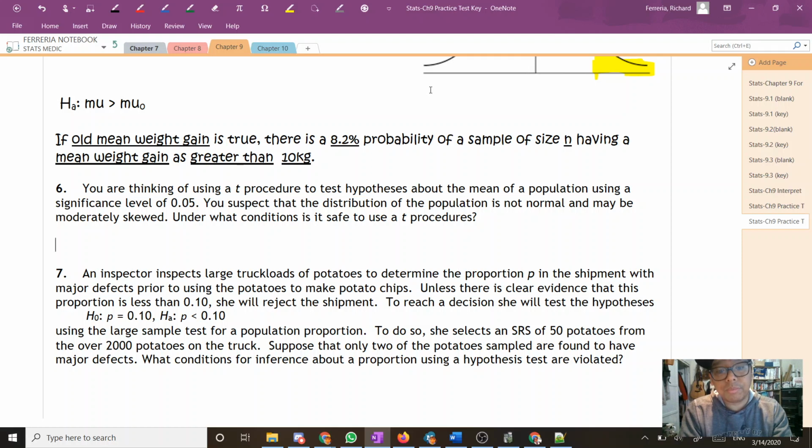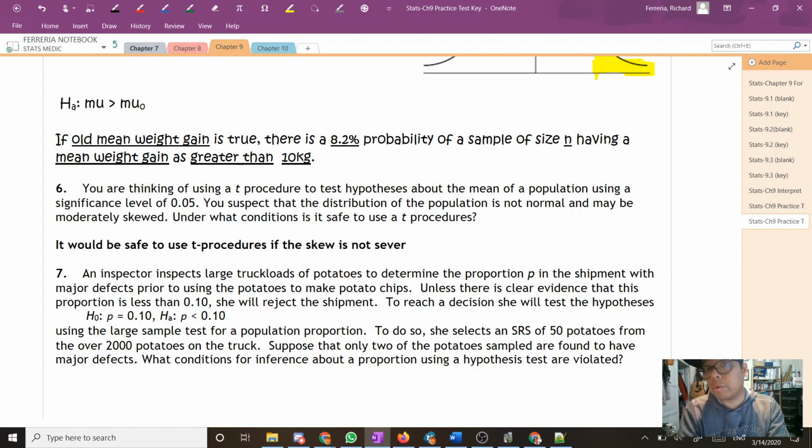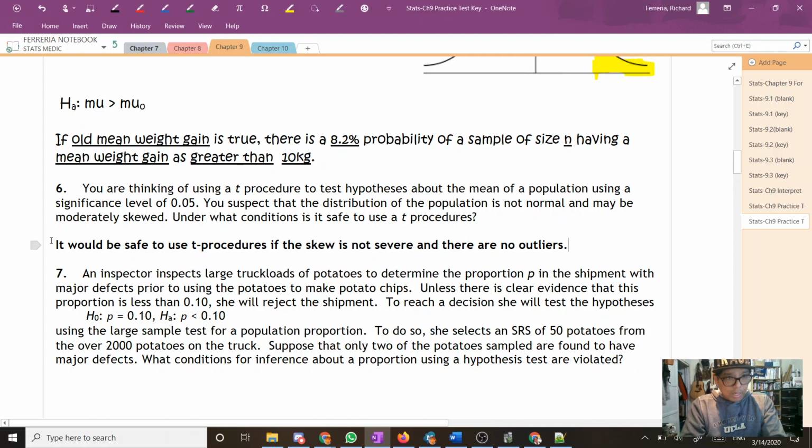And the conditions for using a T distribution would be, well, it would be safe to use T procedures if the skew is not severe, which we're sure, and there are no outliers. Okay, so outliers are the big killer for the t-distribution.